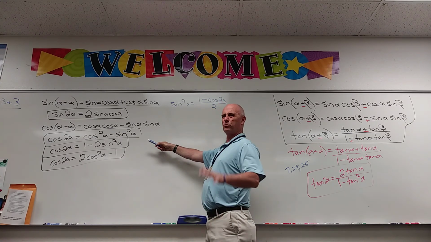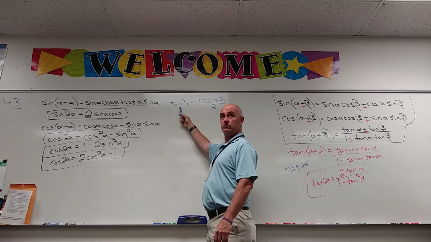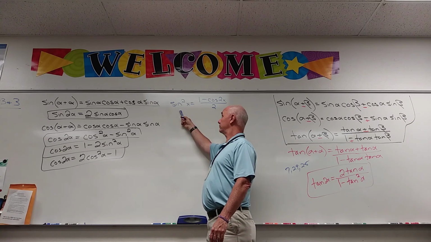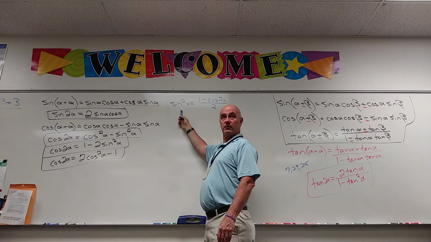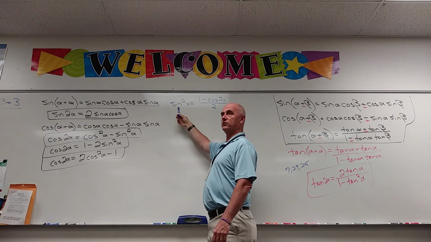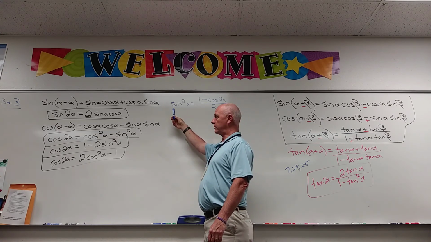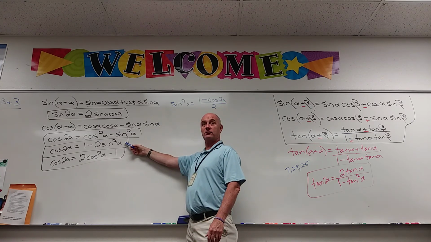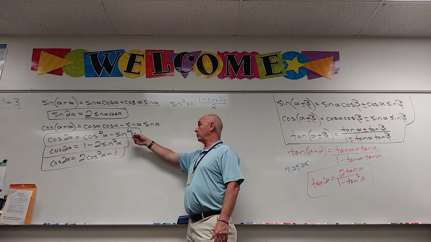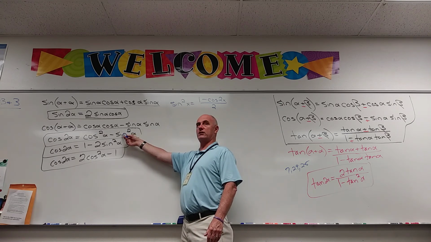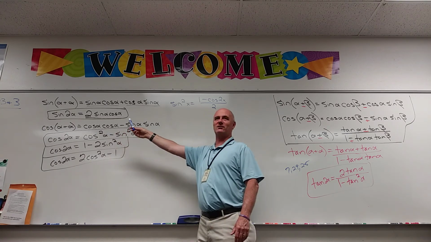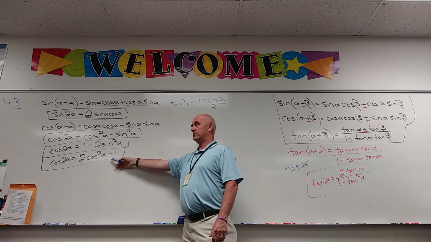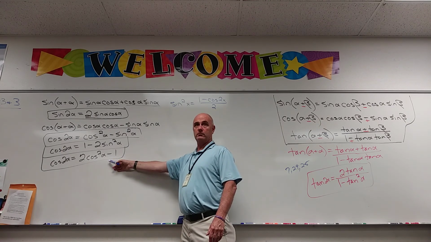Let's take a brief look at where we're trying to go. Since we're trying to go to sine squared of x, why don't we use the one that has only sine squared of x? Don't do the other one, because it has sine squared, but it also has cosine squared, and that's going to be a pain.